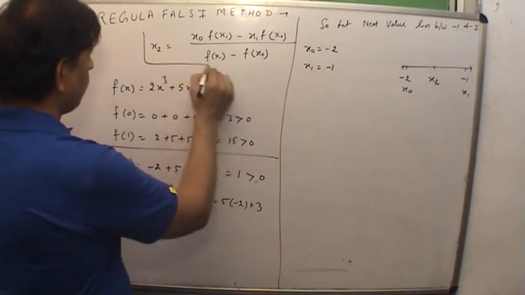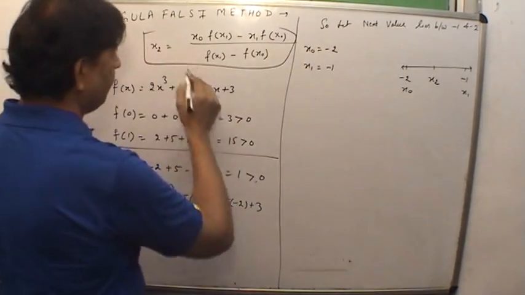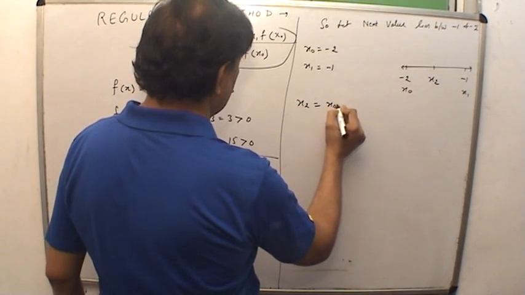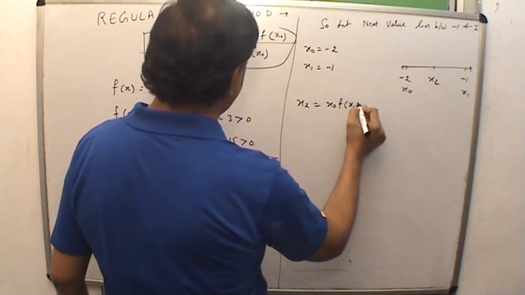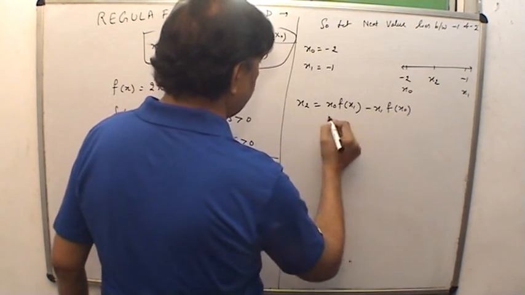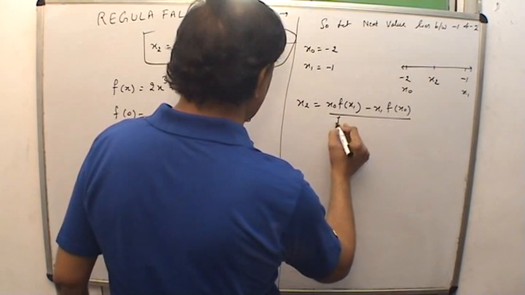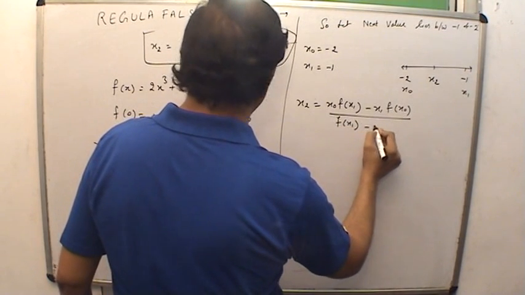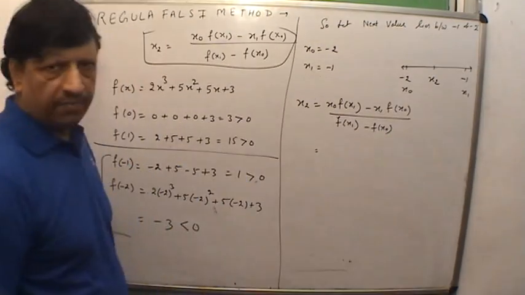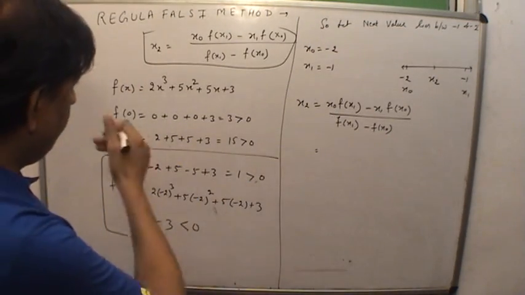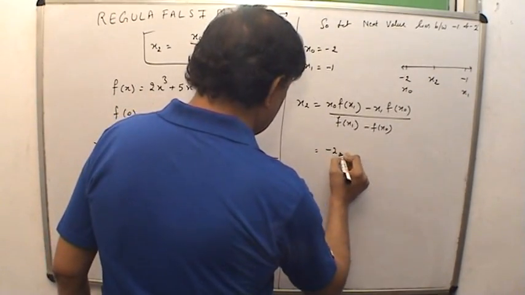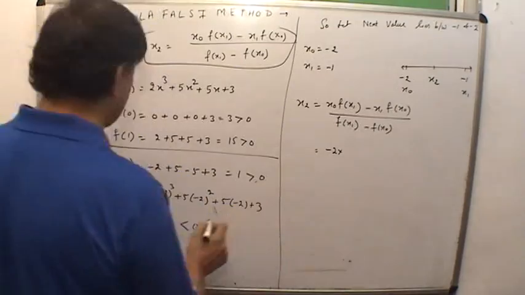Now we follow this formula, that is x2 is equal to x0 into f of x1 minus x1 into f of x0 divided by f of x1 minus f of x0. Each and every value is available. See, what is x0? x0 is -2 into f of x1.